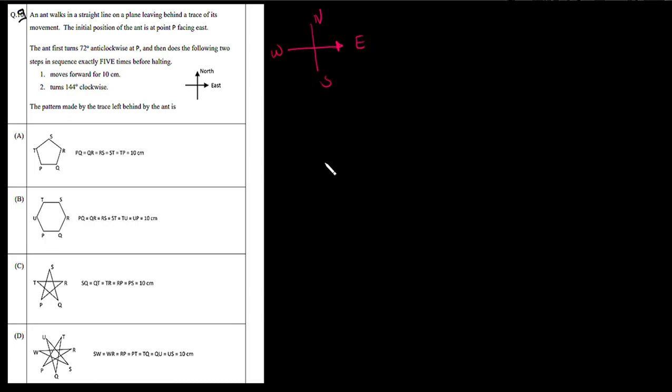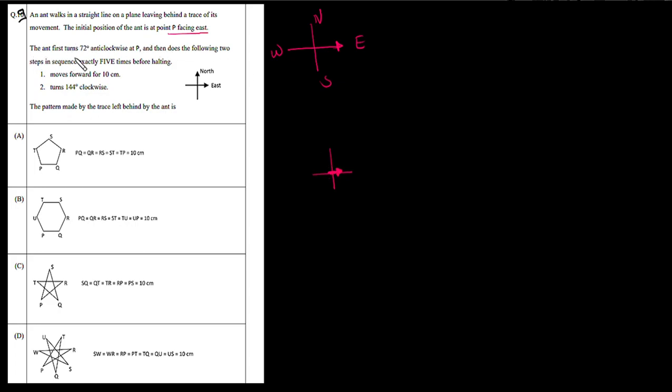So now let's draw the initial point P. So I can say our ant is here at the initial time and the ant is facing toward the east. Here you can see the initial position of the ant is at point P and facing east. So I can say here our ant is standing here and facing toward the east direction in this way.